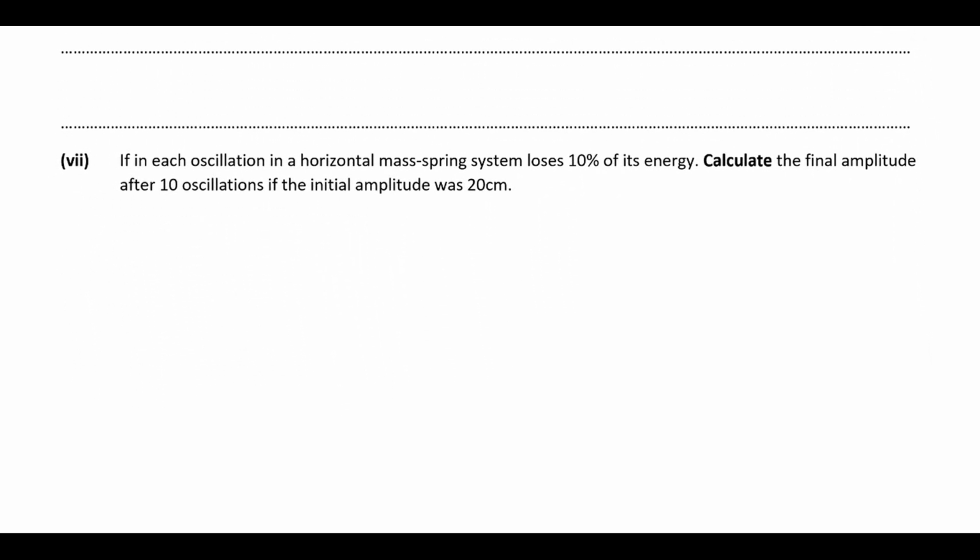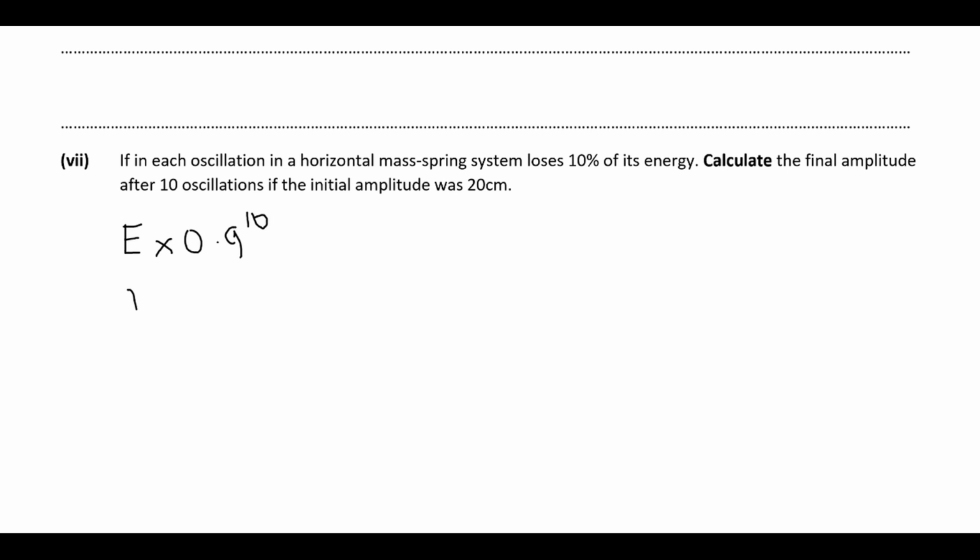If in each oscillation the system loses 10% of its energy, calculate the final amplitude after 10 oscillations if the initial amplitude is 20 centimeters. The energy after 10 oscillations will have been multiplied by 0.9 to the 10, because that represents losing 10% of its energy each cycle.